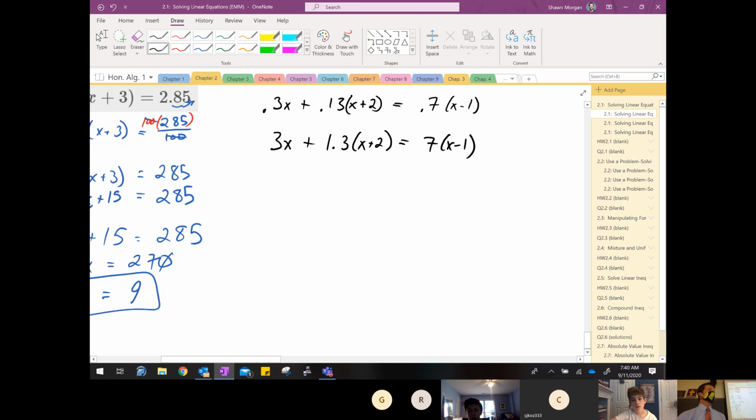Did I kill all the decimals all at once? No, I didn't. Although I killed 2 of them, I need one more power of 10. So in this case, it would need to be 30x, 13x plus 2, and 70x minus 1.